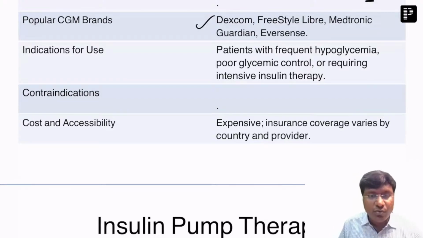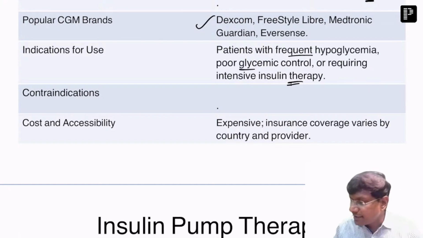Now, the indications for use: what is a definitive indication? For example, if the patient complains of frequent hypoglycemic episodes, or there is poor glycemic control in spite of medical management, or the patient requires intensive insulin therapy. Those are the indications. What are the contraindications for CGM?